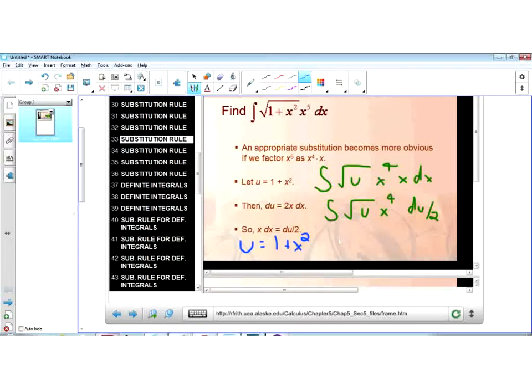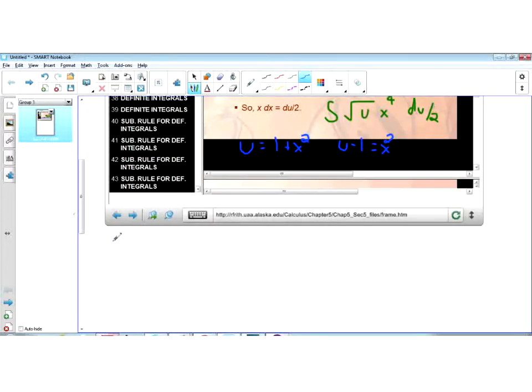Okay, now what is x to the 4th in terms of u? So u minus 1 is equal to x squared. So I'll continue here. So we've got the square root of u times x to the 4th times du over 2.